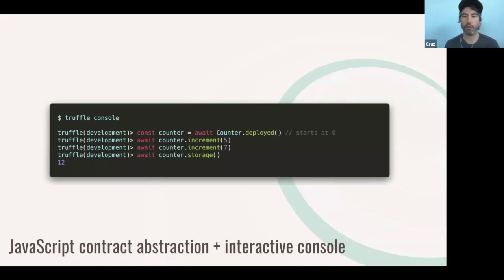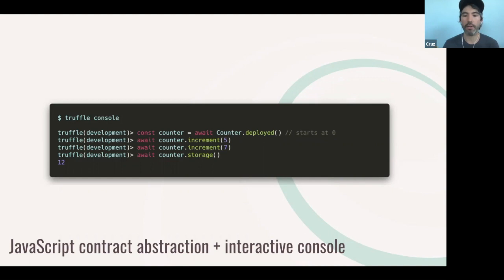And then there's also Truffle console, which connects you to a network and sets you up with an interactive REPL console. And so here's an example where you've deployed your counter contract and you want to interact with it. So we have a contract abstraction that allows you to take the stored record of your compiled contract and interact with it.